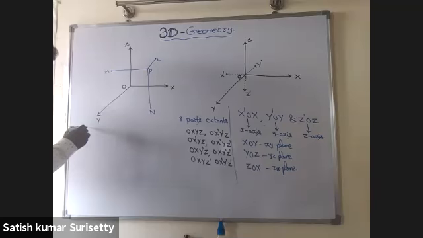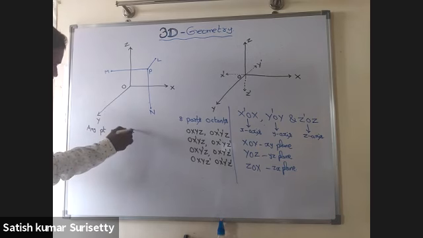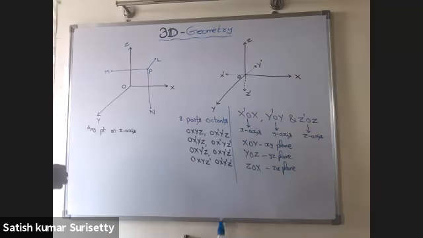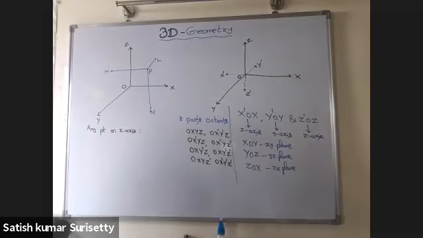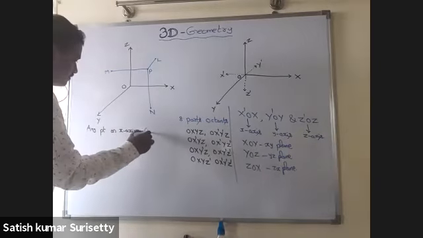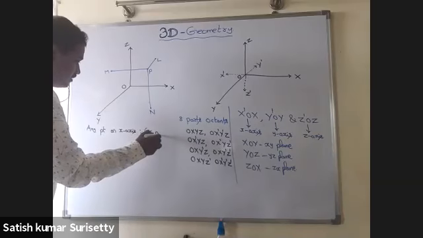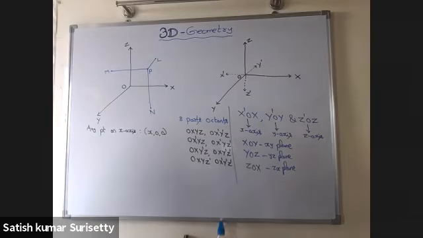Any point on x-axis is of the form x, 0, 0.